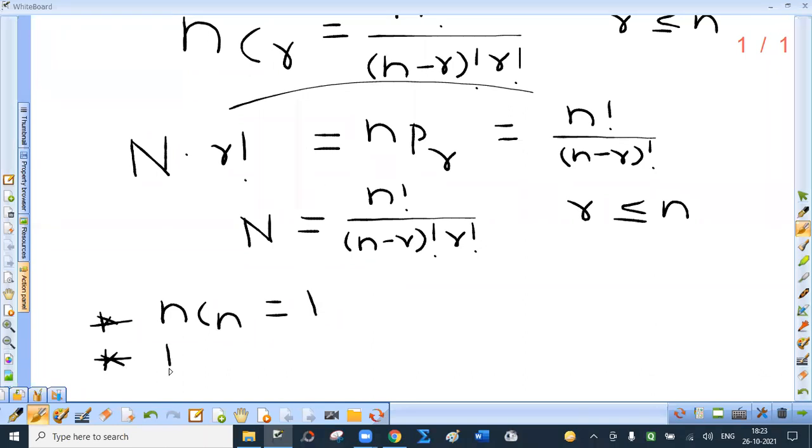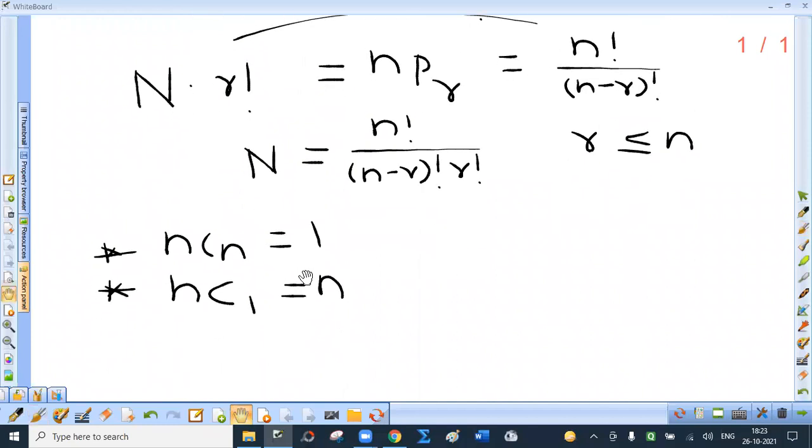What is nC1? There is no need to use the formula. There are n objects and we have to select only one. So selection can be done in how many ways? n ways. If you want to use the formula, you can.